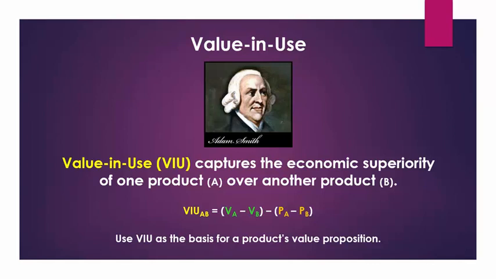to another economically? Now, the formula that we're going to use for that is listed below, VIU A/B, which means the value in use of product A versus product B, is equal to the difference in value, value of A minus value of B, minus the difference in price, price of A minus the price of B. Now, we'll come back in a minute and explain this, but obviously what you're doing is you're putting all of the economic factors together and coming up with a single measure, value in use, which captures everything you need to know succinctly.